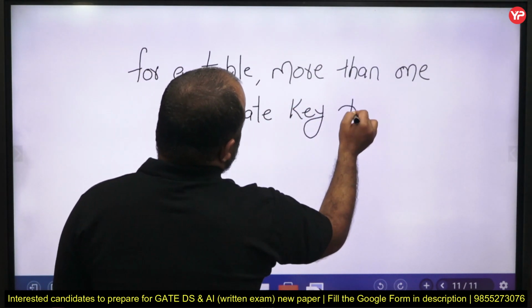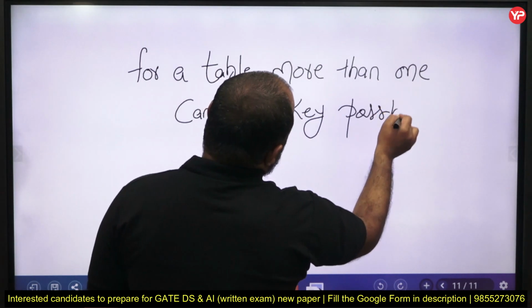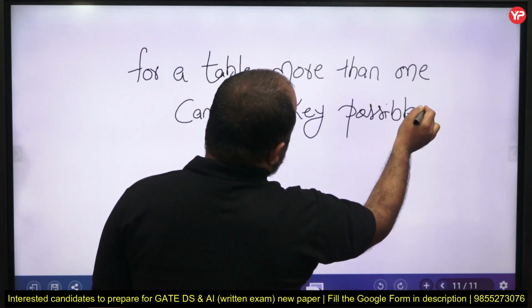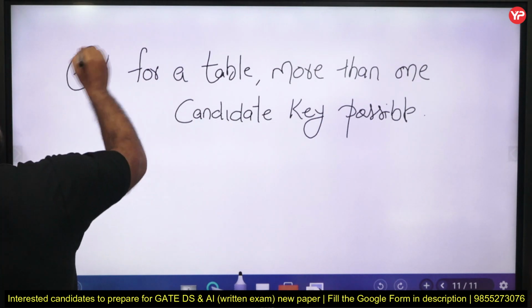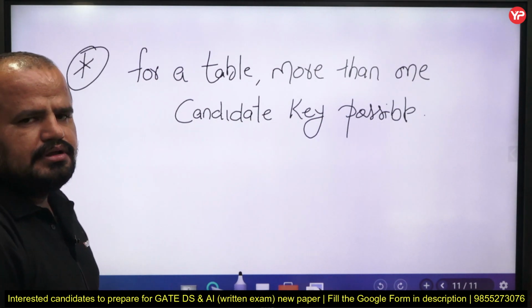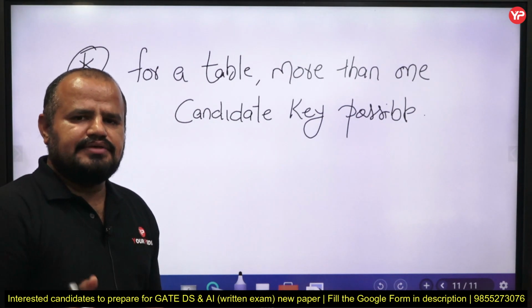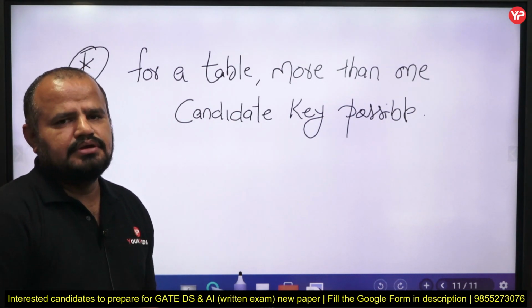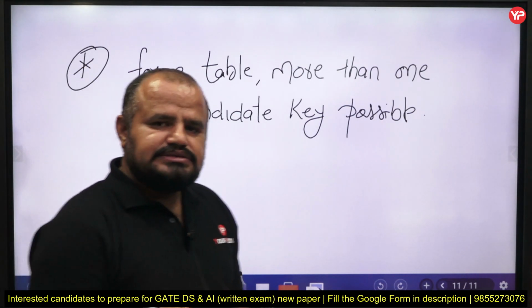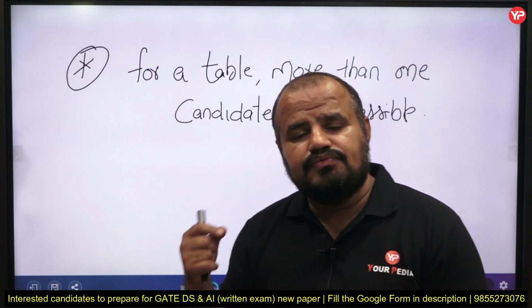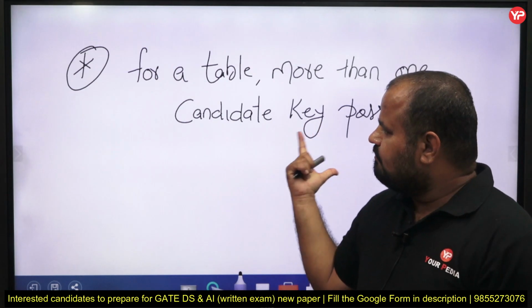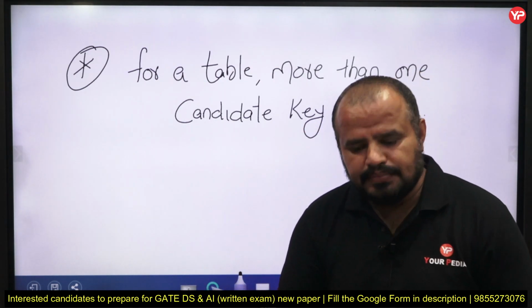Yes or no? Because in the previous case we have mainly 4 keys. Fine. One is name, roll number, name with branch, roll number, license number, and Aadhaar card number. So I can say for a table we may have more than one candidate key.